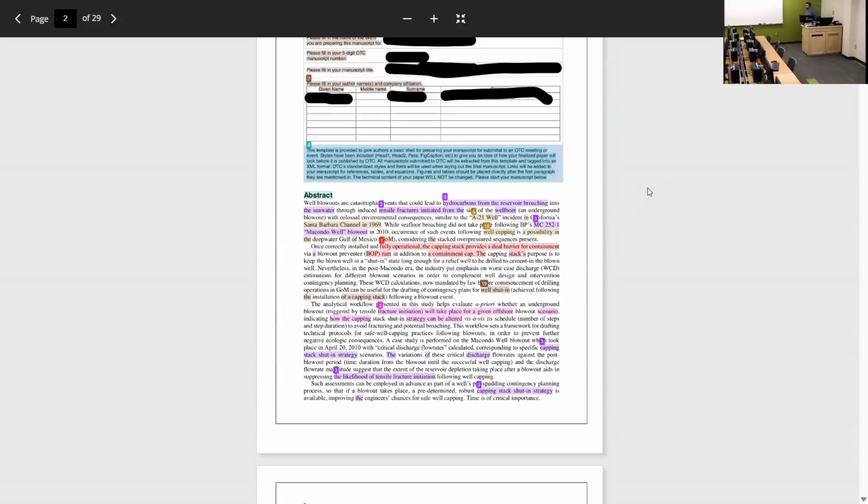You run it into the system, and it flags the words that are basically similar to existing work online, and every source has a different color and a different designation.